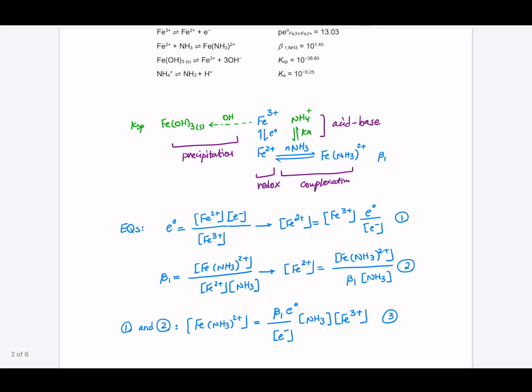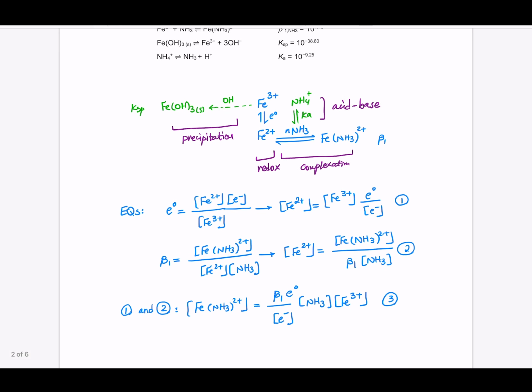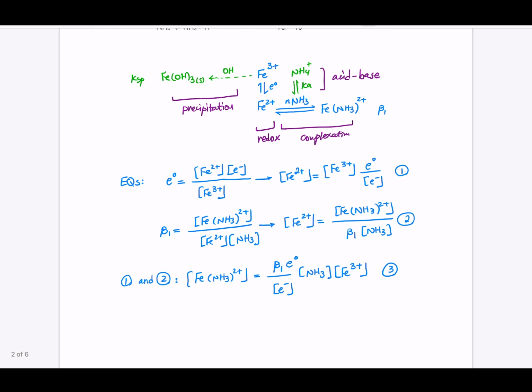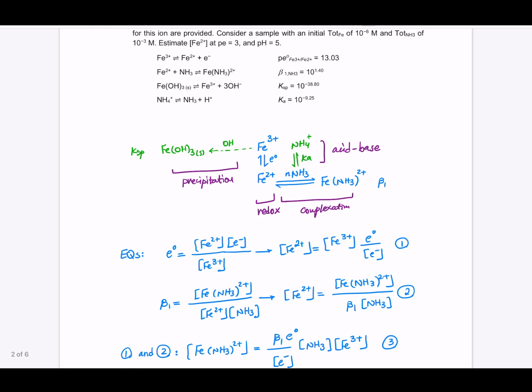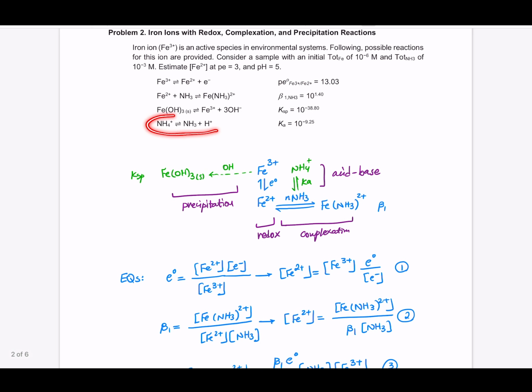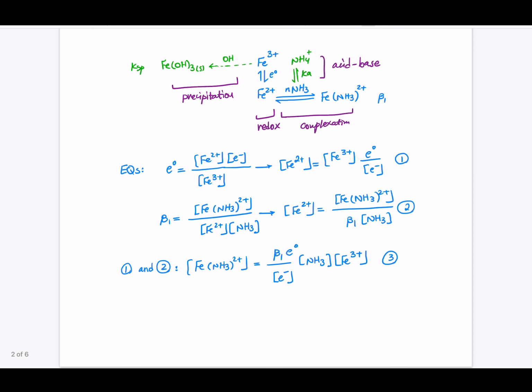The fourth reaction is the precipitation reaction. We're going to use it later, but let's focus on the mass balance now. Reaction 4 is also related to ammonia, so later we can calculate the concentration of ammonia using that value and the total concentration of ammonia that is given.